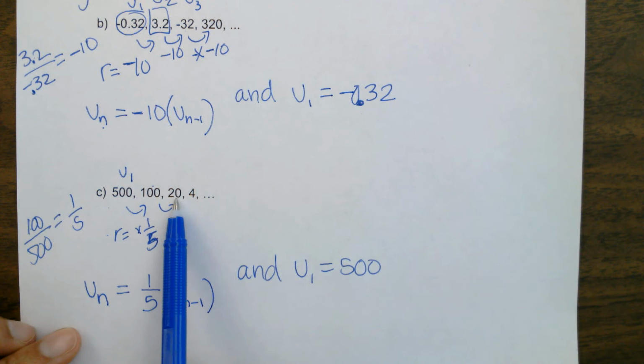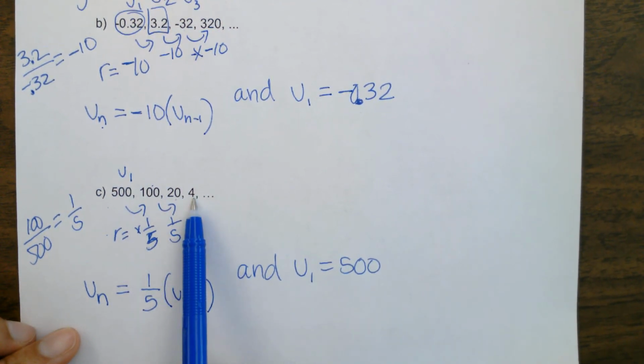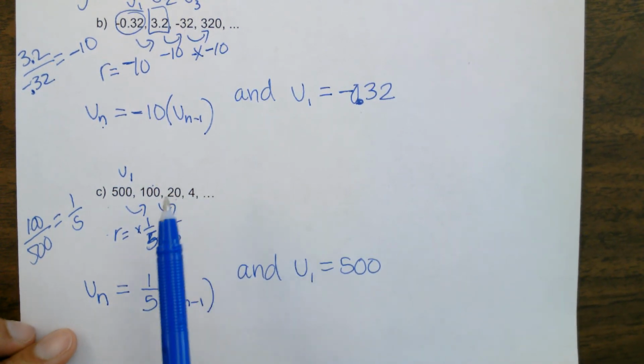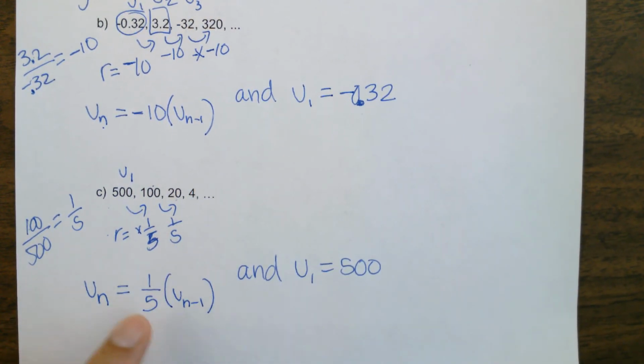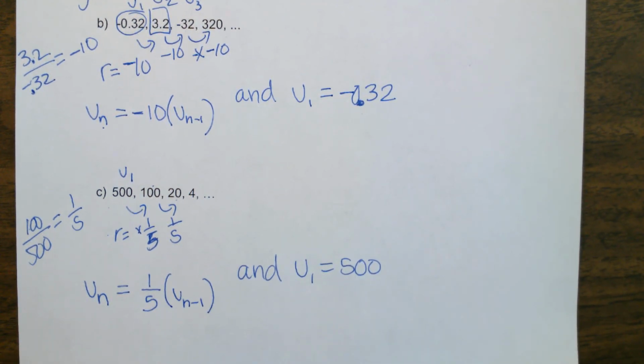So in order to get to 20, we multiply 100 by 1/5. In order to get to 4, we multiply 20 by 1/5. In order to get to the next one, we multiply the previous one by 1/5. You could write 0.2. IB really likes you to have the fraction.